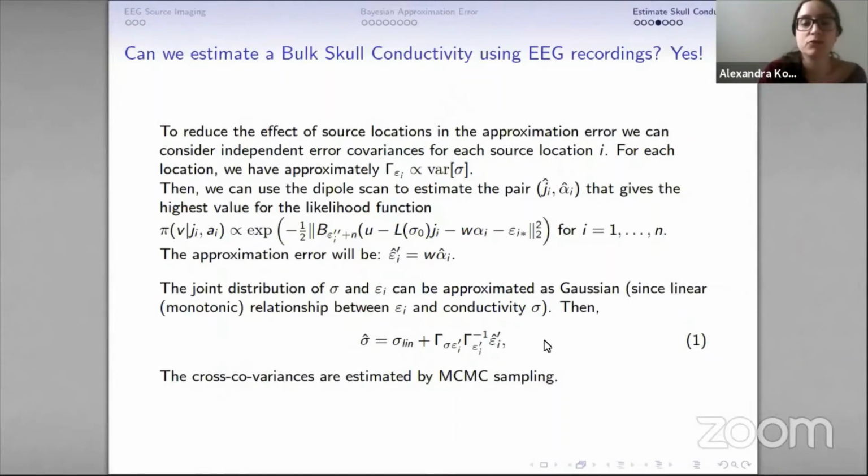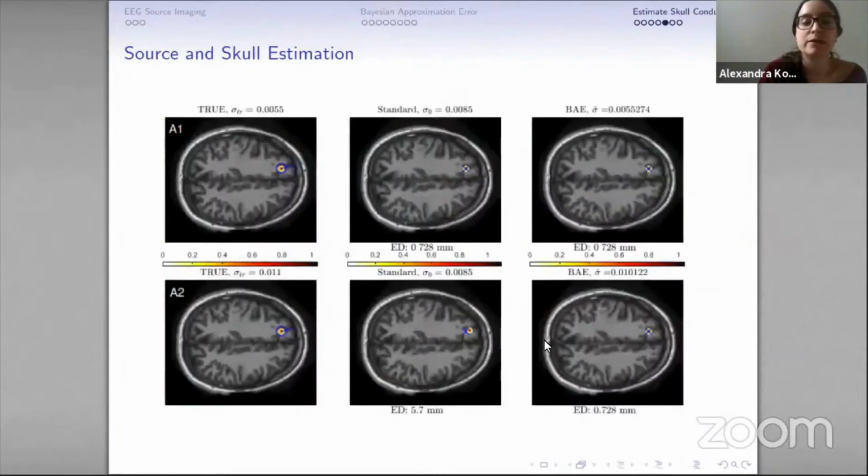Simple test, I would say, but we did some very simple tests that I have here. We considered two cases of true conductivity, 0.055 and 0.11. Here is a standard conductivity, which is higher, so it's overestimated in the first line, and in the second line underestimated.